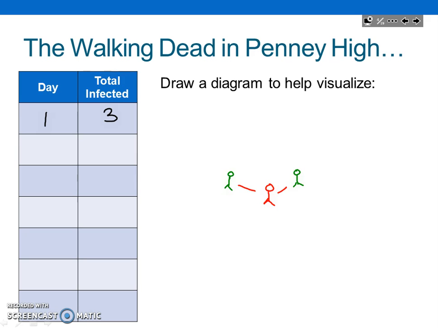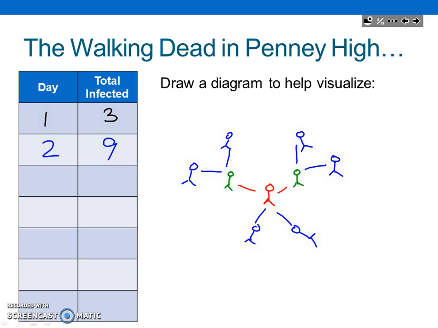On day 2, each of these guys are now going to infect 2 more people. Okay, so on day 2, if we count up, we've got 6 new zombies plus our 3 original ones. So that's going to give us 9 zombies that we have on day 2.